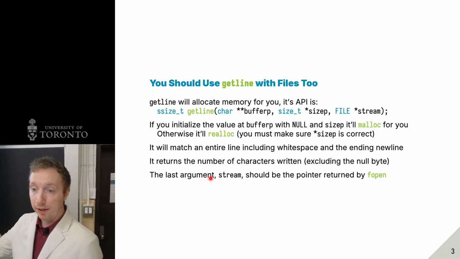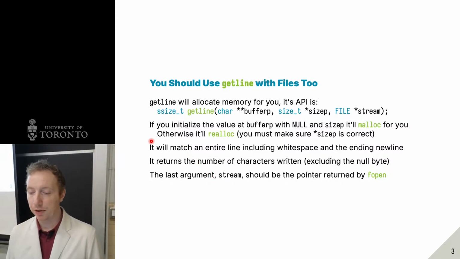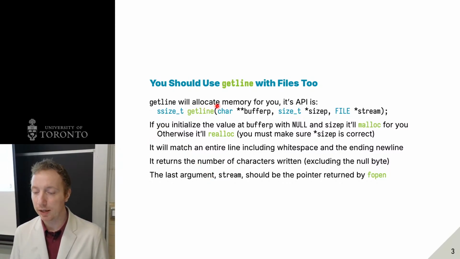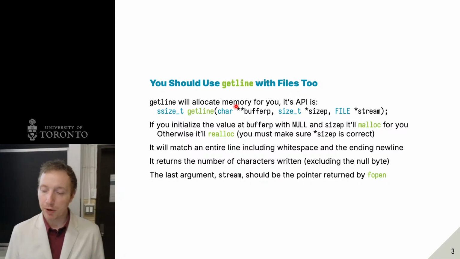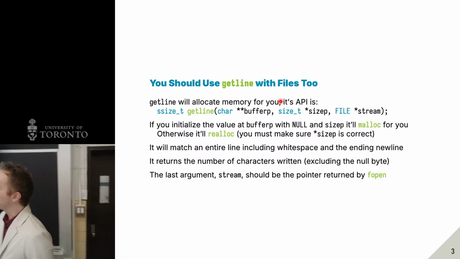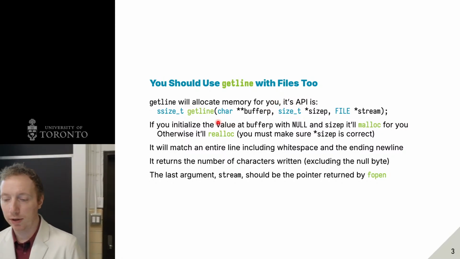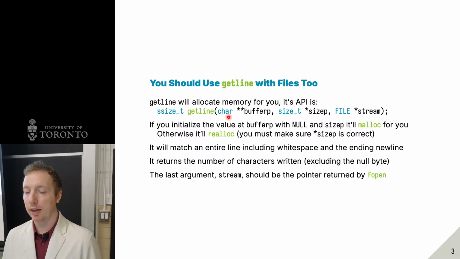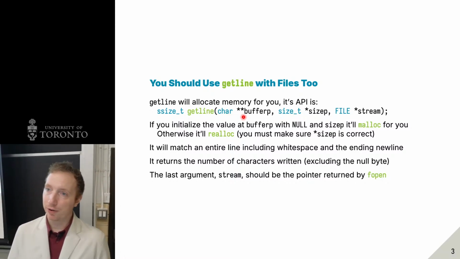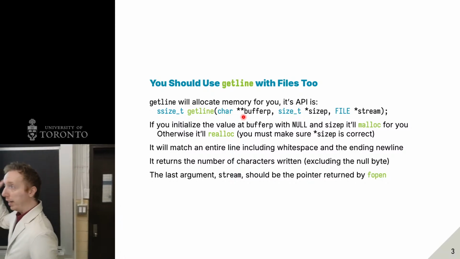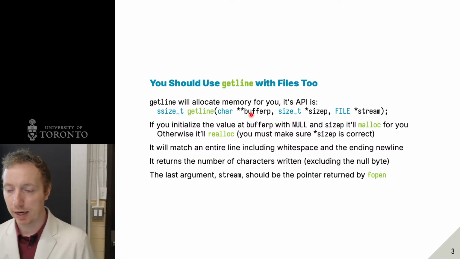You can use this getLine function that we looked at too for files, because getLine will allocate memory for you to go ahead and read the input into a C string that it will malloc and do all that stuff for you. Remember, it will take a char star star, so it will actually write a pointer value to you that's stored at this buffer.